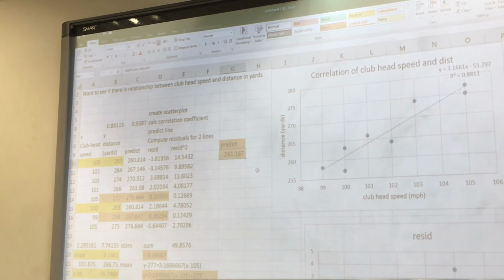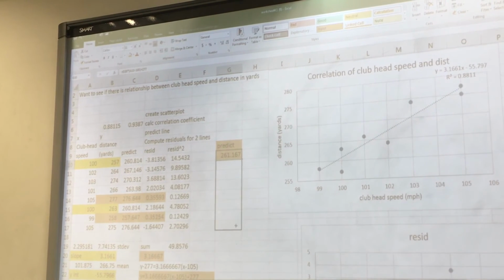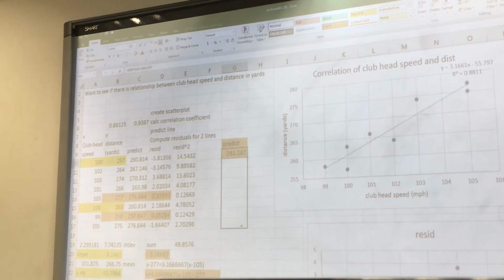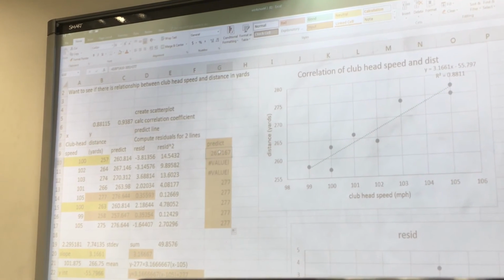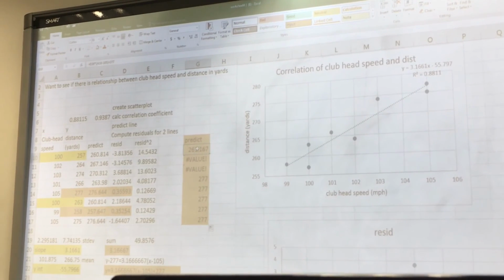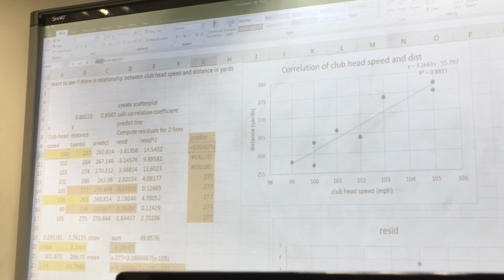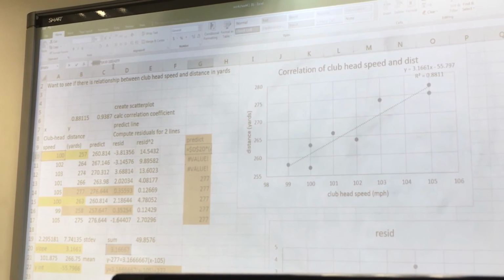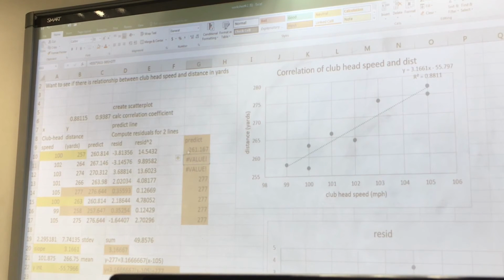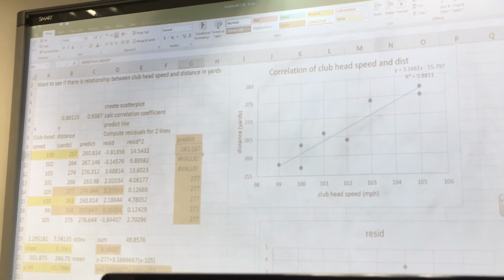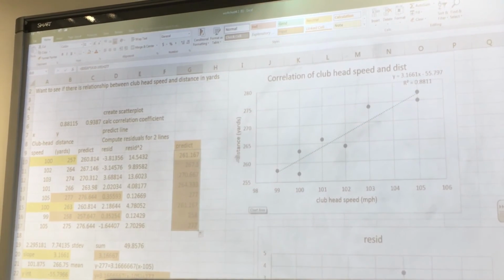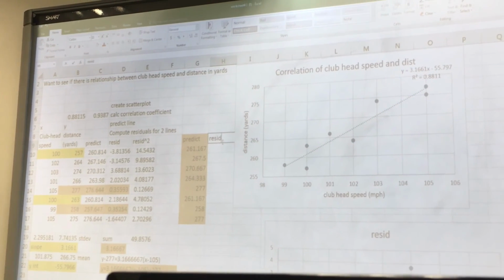We're going to do that for all of these. Whoops. Why did I get that value there? I forgot to F4 everything. So I want my slope not to change. Everything else can change. Okay, so we're going to check her residuals.